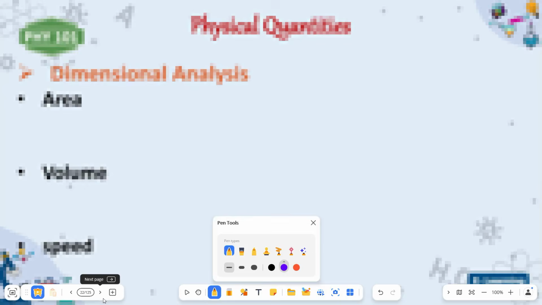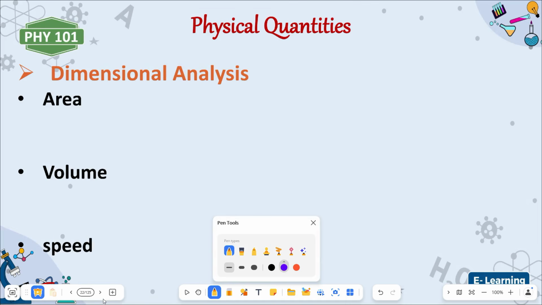It's very, very important. Now, dimensional analysis. We have area. Area is length times breadth. I have told you length, breadth, width, height, distance, all of that are measured in length.